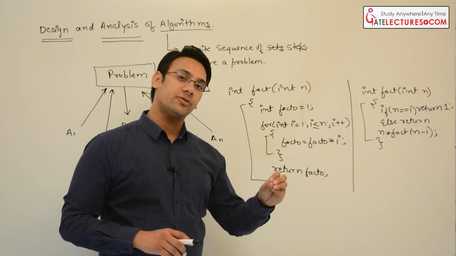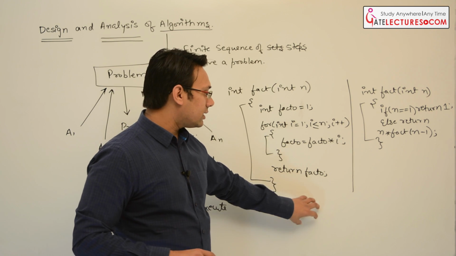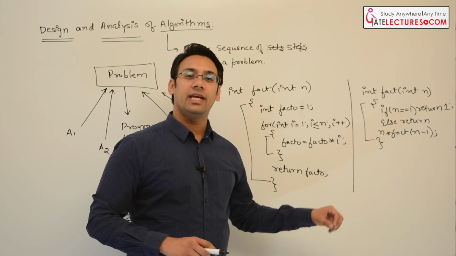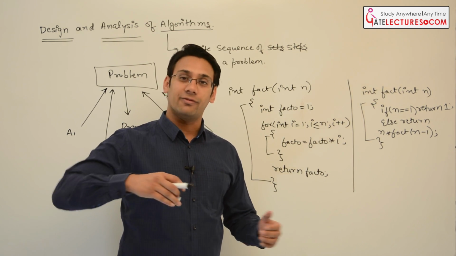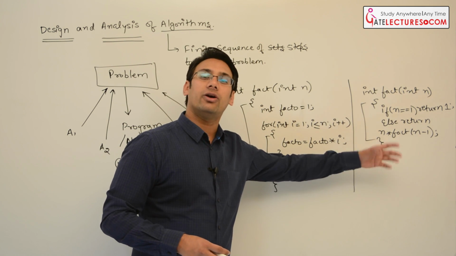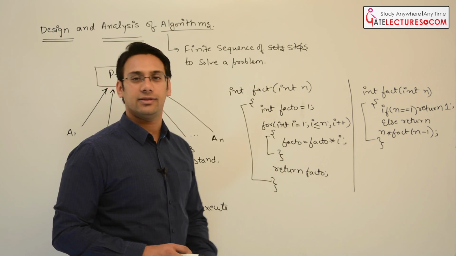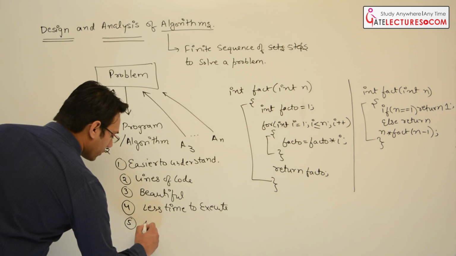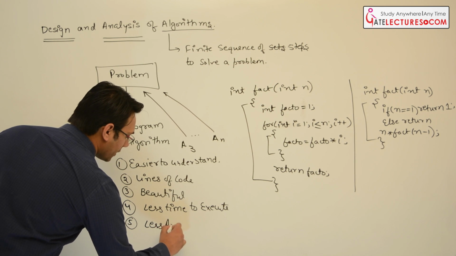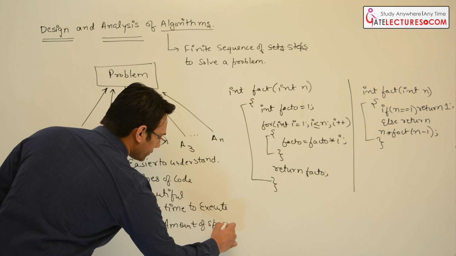When I am saying less amount of space, that means when you are going to execute this program, these two programs may need different amount of space while executing. It may be because of recursive calls onto the stack, or it may be some constant space in this case, right? So that means whatever program is going to take less amount of space.